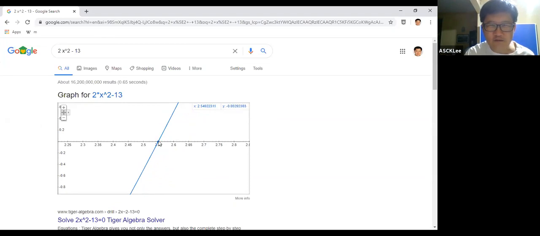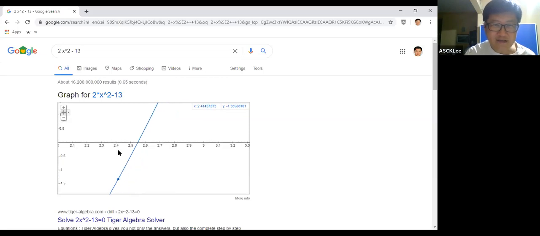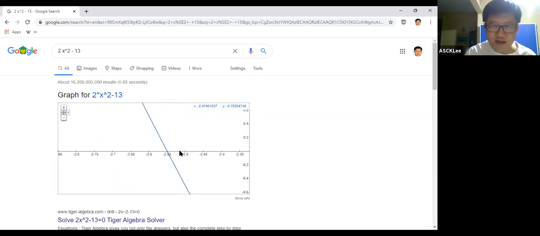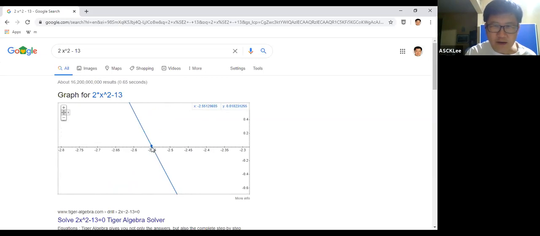It's 2.54922311. Very good estimate. And the other side, just go over the side and zoom, zoom, zoom, and you've got the same thing. Wow, it's minus 2.5512, blah, blah, blah. You get the idea.